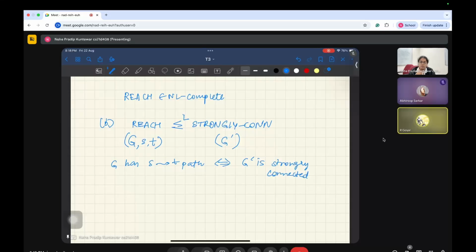Strongly connected means that between any pair of vertices there should be a path in both directions, from S to T as well as from T to S. That's it. So if I have an instance of reachability and want to rephrase it into an instance of strongly connected, then I have to create two instances of reachability, and probably that sort of.